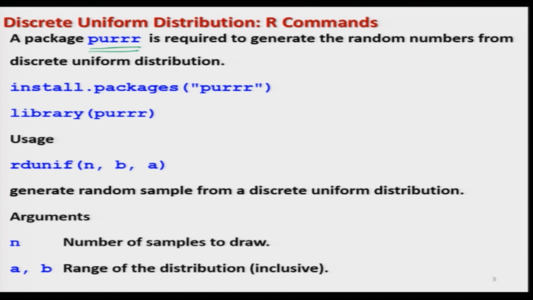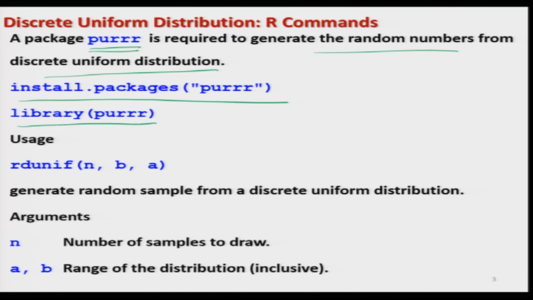This package is required to generate random numbers from the discrete uniform distribution, and other things can be done as well. First we install this package using the command install.packages purrr, and then we load this package by using the command library.